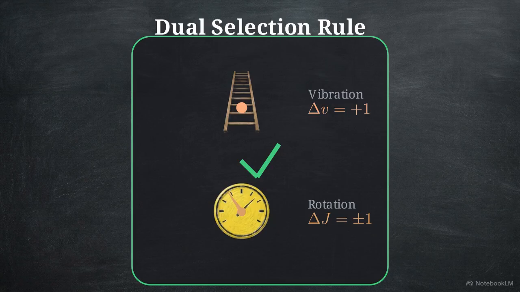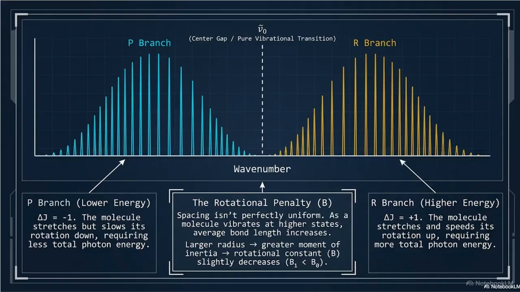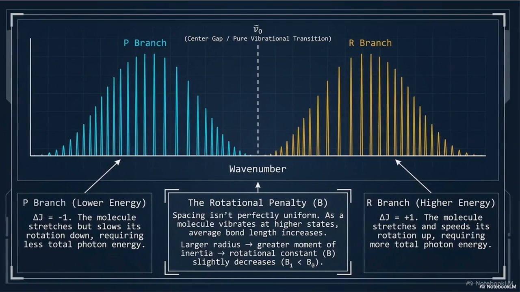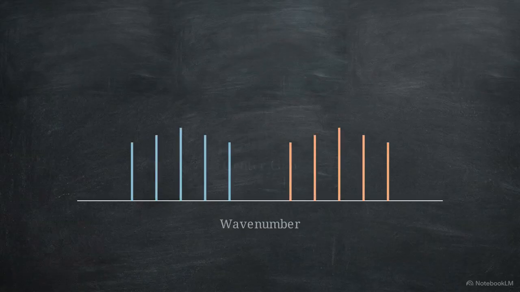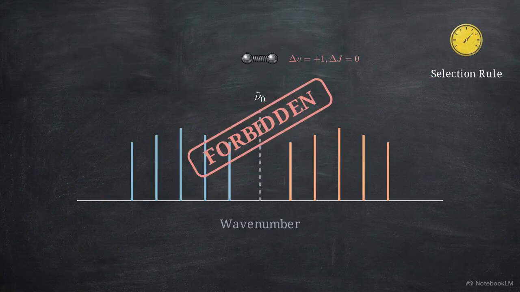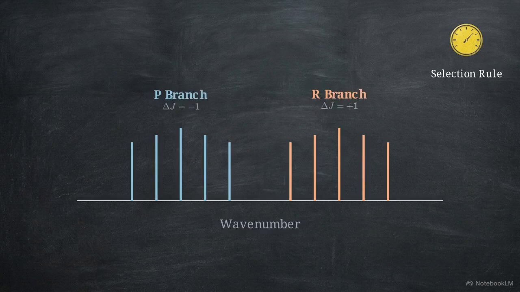The P branch, shown in blue, represents instances where the molecule stretches but slows its rotation, requiring less photon energy. The R branch, in yellow, occurs when it stretches and speeds up rotation, requiring more energy. The notable gap in the dead center corresponds to a pure vibrational transition with zero rotational change, a transition that is physically forbidden for simple diatomic gases.